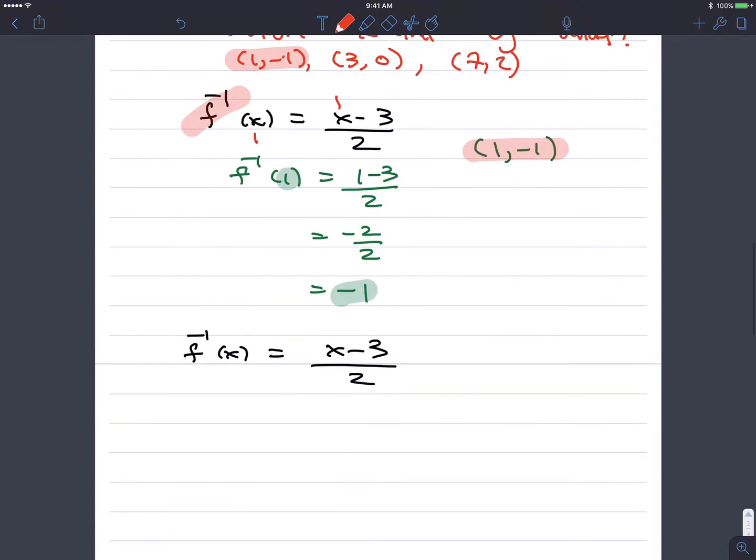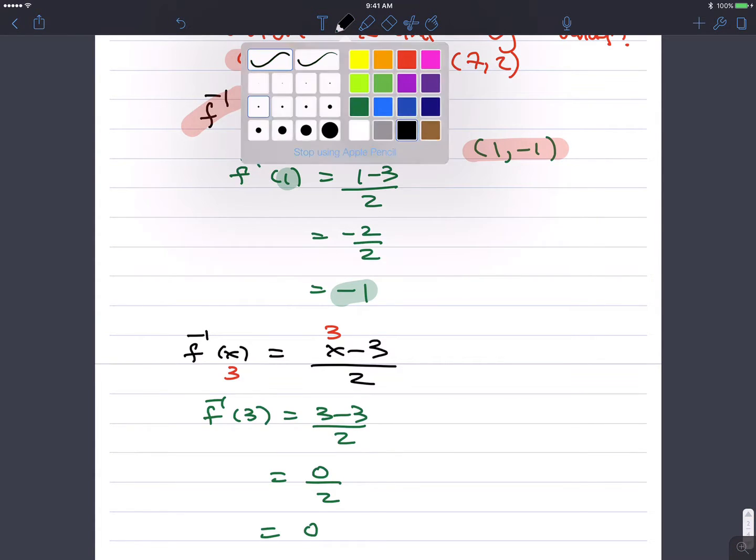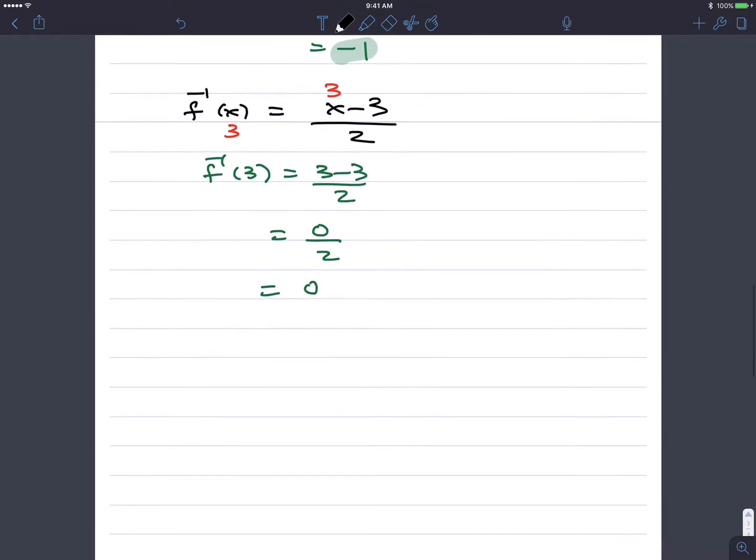So if I plug in 3, sure enough, what does this give me? Don't I get f inverse of 3 being (3 - 3)/2, or 0/2, which is what? 0. It's working in reverse.